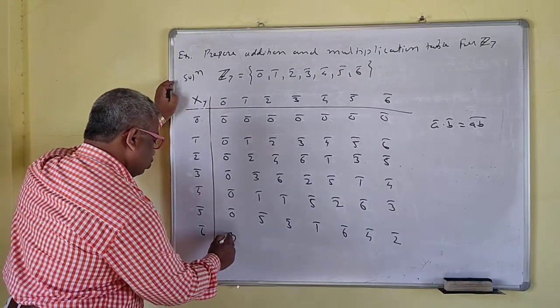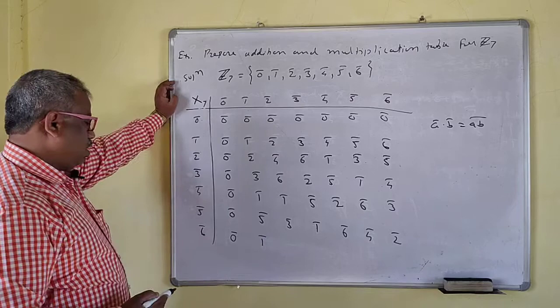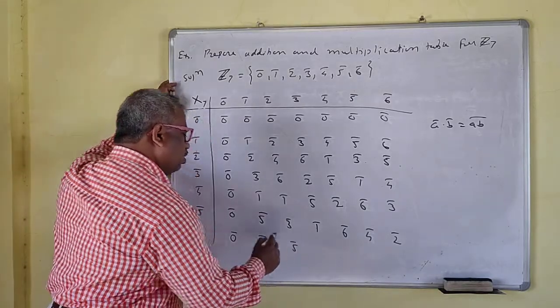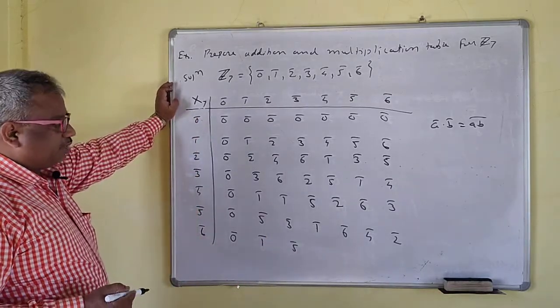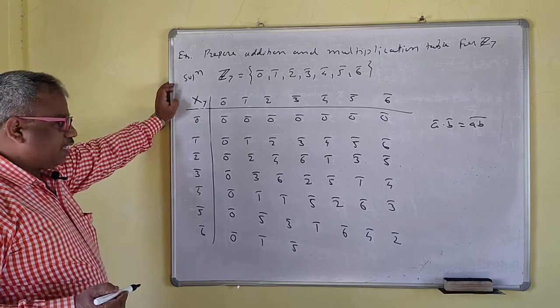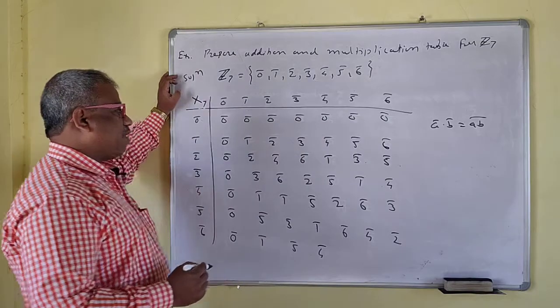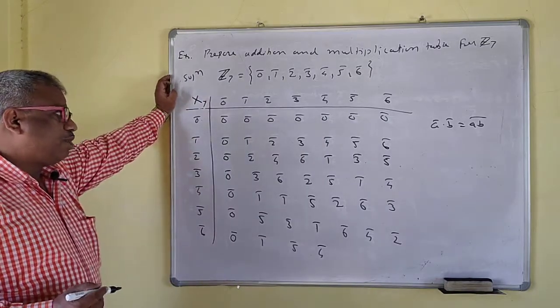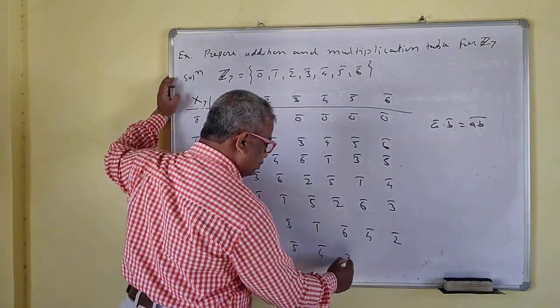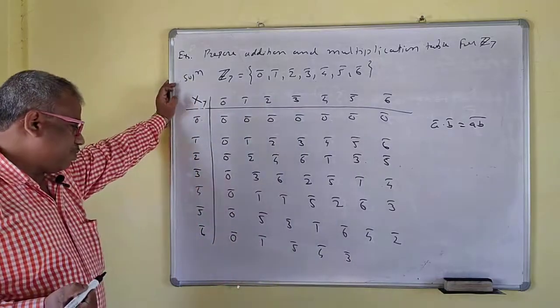Now 6 bar. This is what? 0 bar, 1 bar. 12 bar means 5 bar. 18 bar is the same as 4 bar. 24 bar is the same as 3 bar.